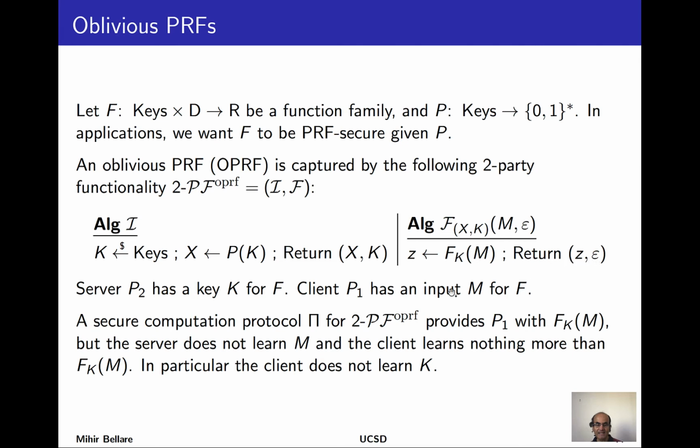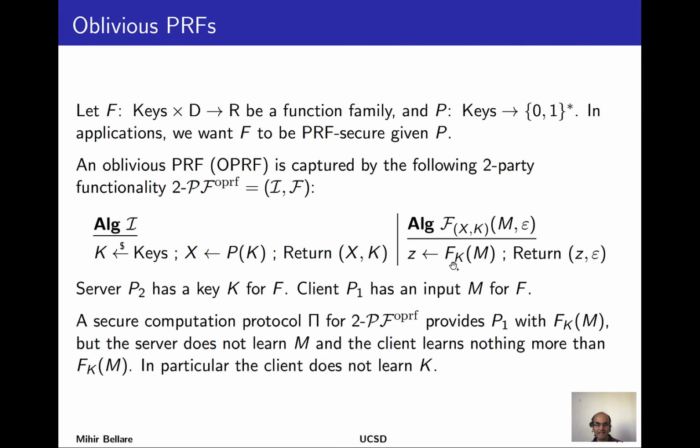Okay, so what does this mean in terms of secure computation? It means that party 1 will obtain the result of the PRF under k on its input without revealing that message to party 2. So that's the privacy guarantee here. Party 2 does not learn the message, nonetheless party 1 learns the output.